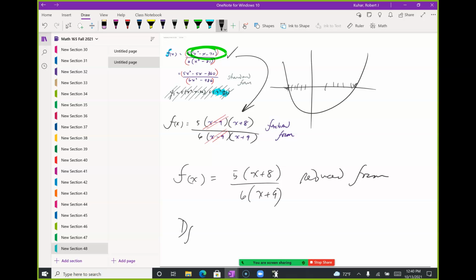So the domain of f, whether I'm looking at the standard form, the factored form, or the reduced form, is still x cannot equal plus or minus 9. What happens at minus 9 is I get a vertical asymptote. What happens at plus 9, though? Who can tell me what happens at plus 9?